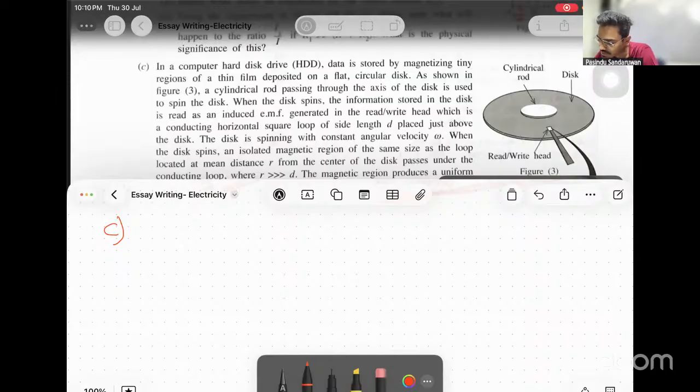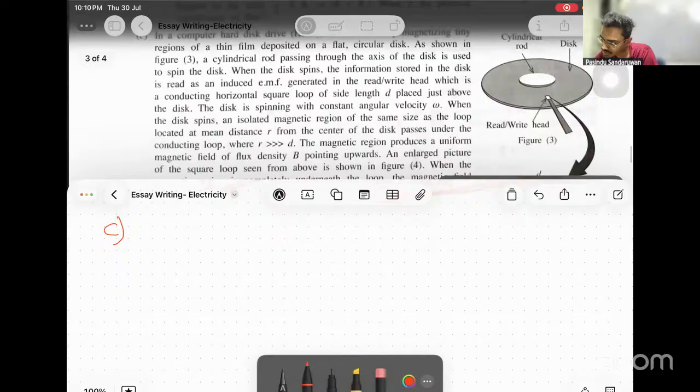When the disk spins, the information stored in the disk is read as an induced EMF. Right. Now it is going to link to magnetic induction. Induced EMF generated in the read-write head, which is a conducting horizontal square loop of side length d placed just above the disk.